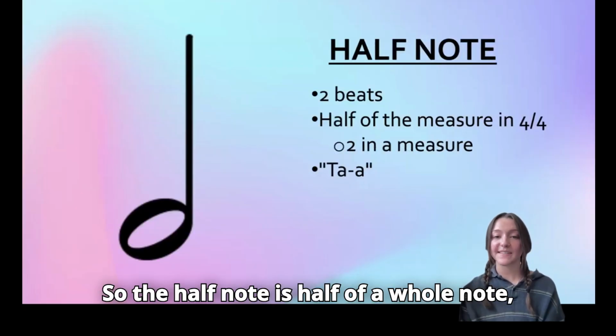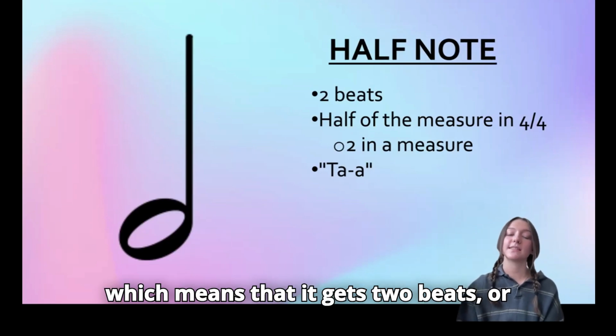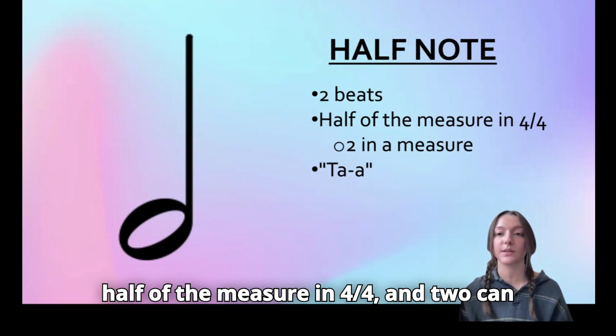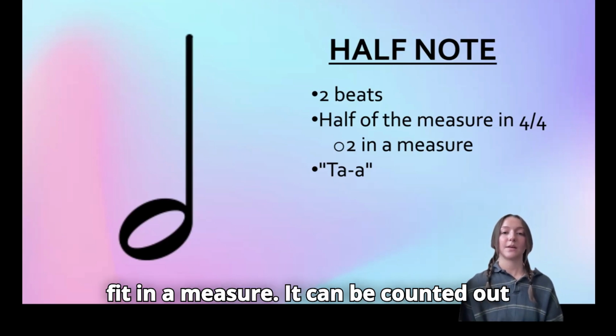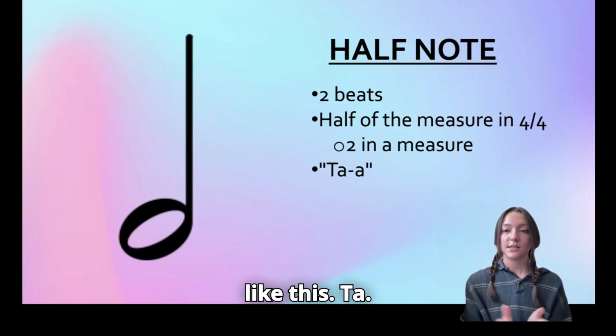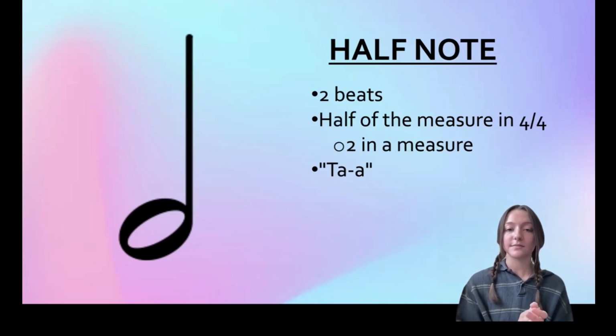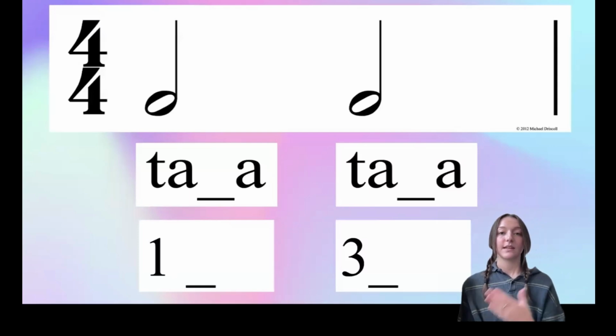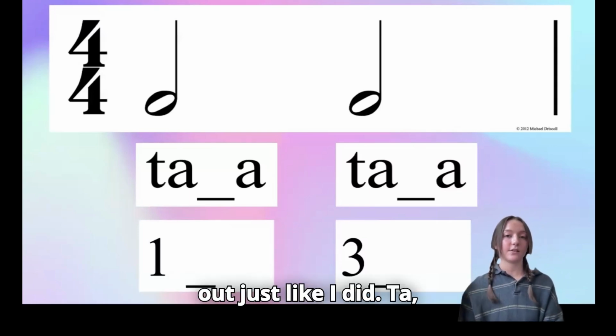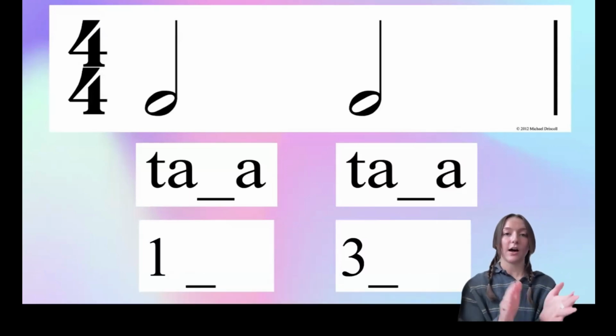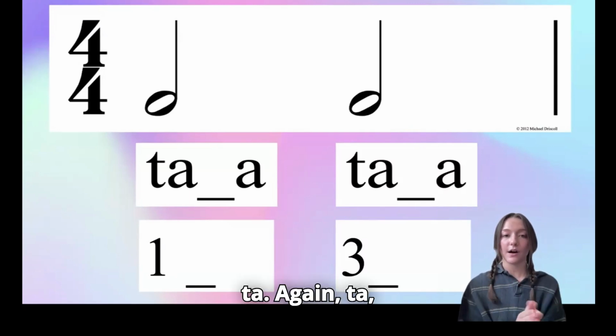The half note is half of a whole note, which means that it gets 2 beats, or half of the measure in 4/4, and 2 can fit in a measure. It can be counted out like this. Ta. Again, ta. Here it is on the rhythm staff, counted out just like I did. Ta, ta.